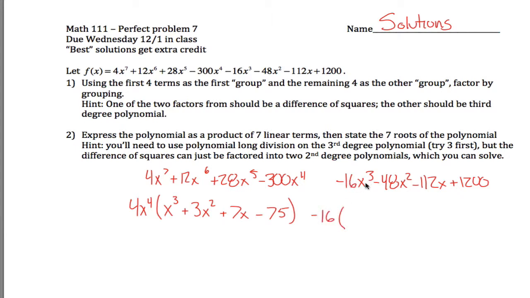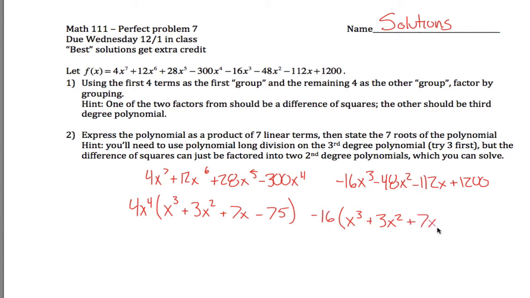If you pull out a negative 16 from negative 16x cubed, you get x cubed. If you pull out a negative 16 from negative 48, you'll be left with a positive number. 48 divided by 16 is just 3. So you get plus 3x squared. Negative 112 divided by negative 16 is the same as 112 divided by 16, which is just 7.